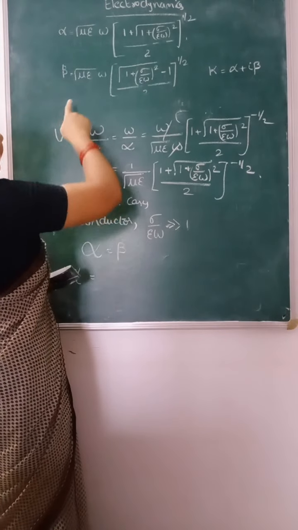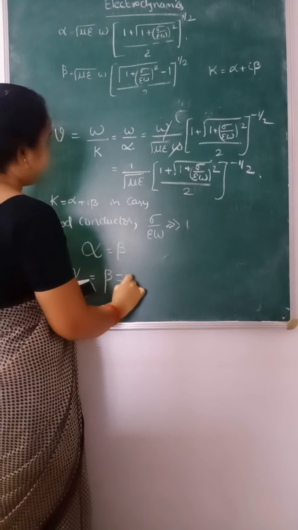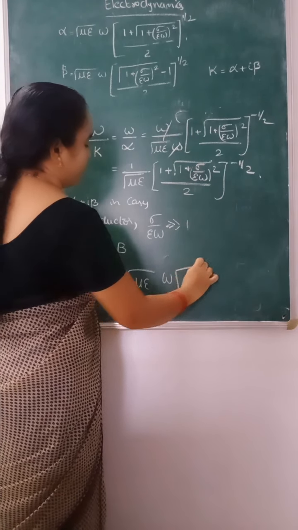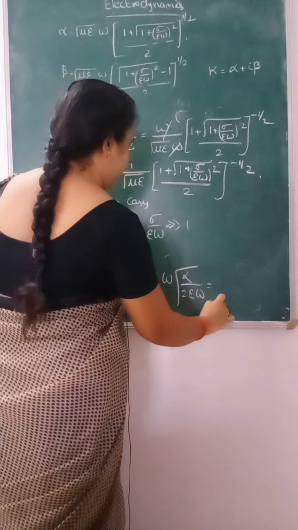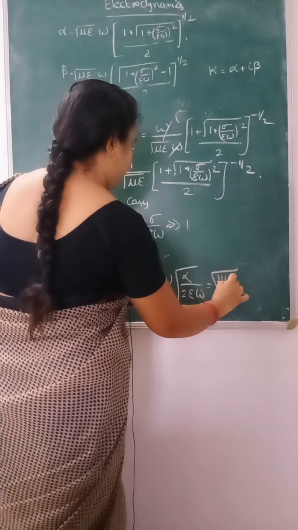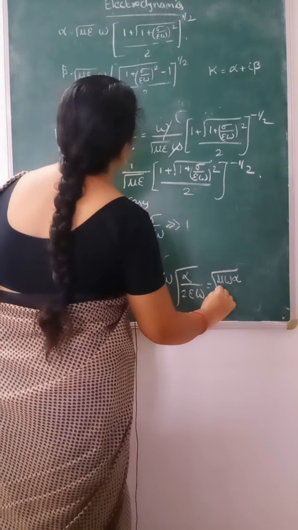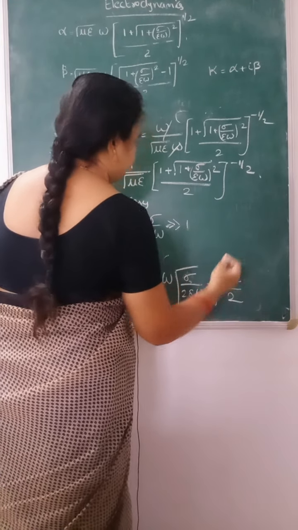So as in the poor conductor, alpha is equal to beta, that is root of mu epsilon omega, root of sigma by 2 epsilon omega, that is root of mu omega sigma by 2.